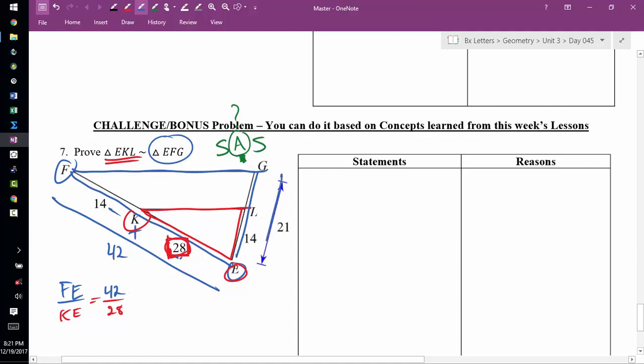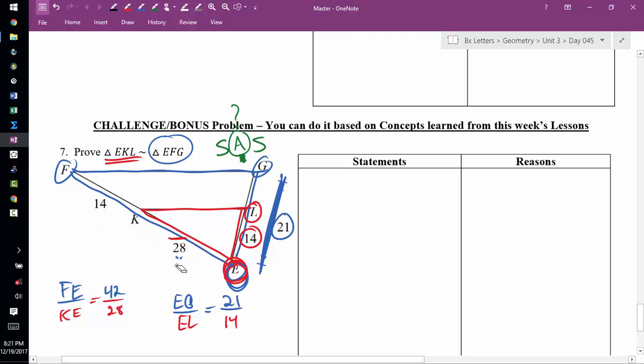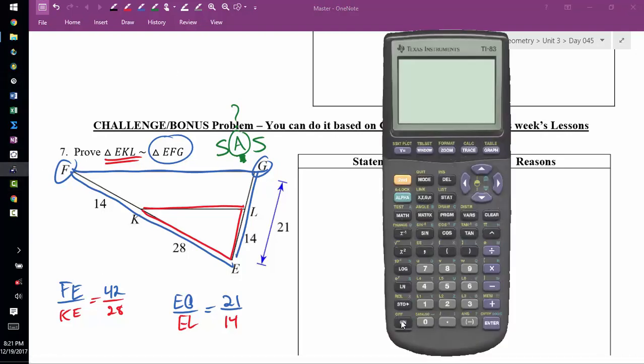And then the other thing I know is this big old side, E to G. All right, that side is 21, so they tell me, and that corresponds to this smaller side, E to L, and that side is 14. I'm going to clean this up a little bit, and I'll type it in the calculator just to confirm.